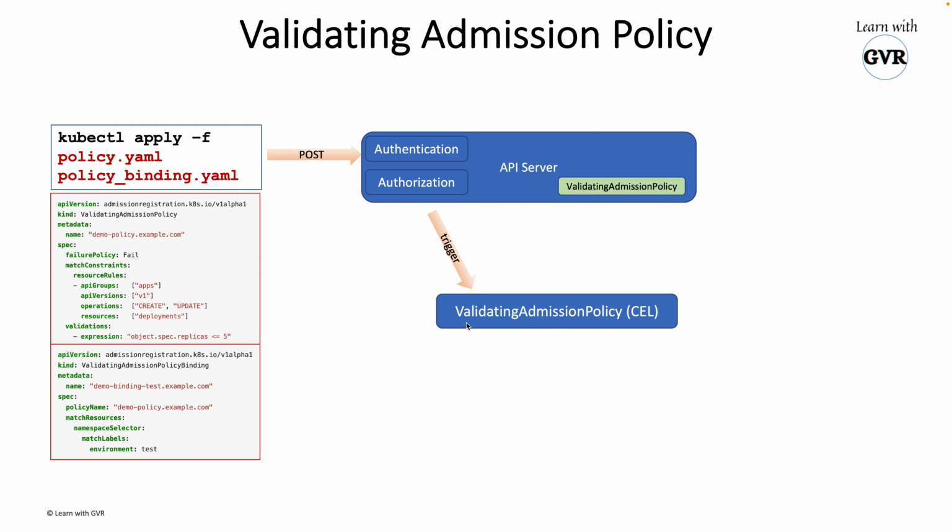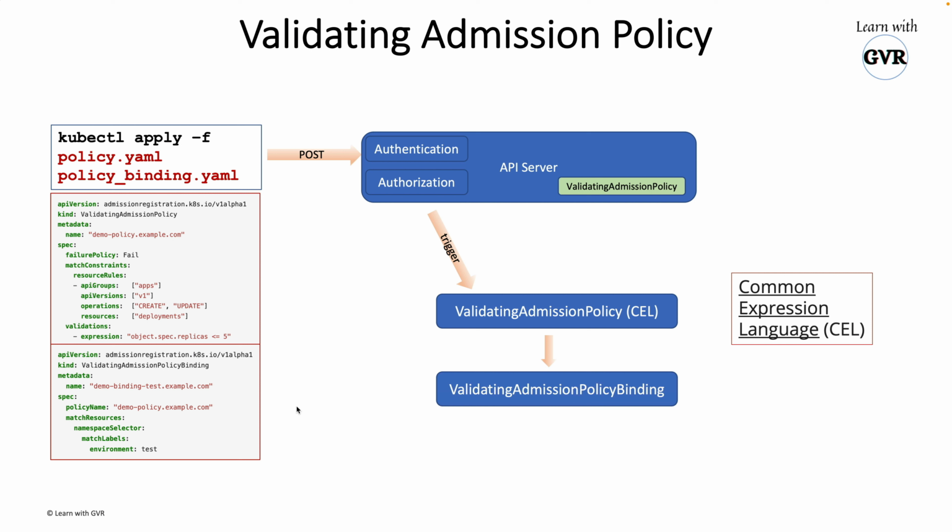Then the validating admission policy will be created with CEL. Whenever you create this validating admission policy, it will have a Common Expression Language. So why do we need to use Common Expression Language? This is for the validating. And the second one is a binding. So you will be creating a binding as well.